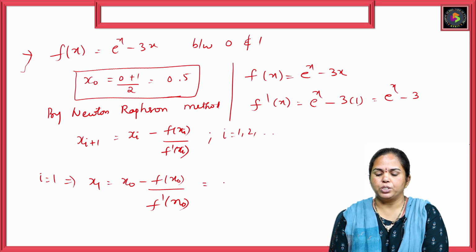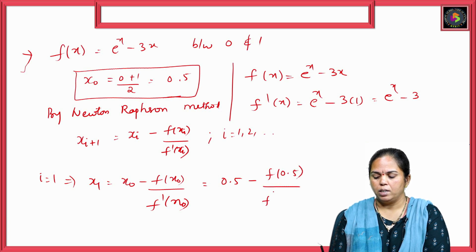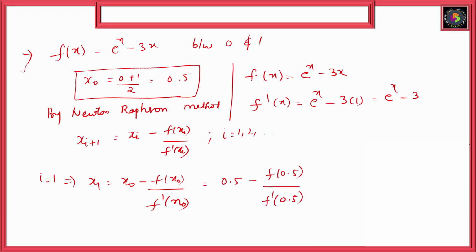So x0 is 0.5, minus f(0.5)/f'(0.5). If we solve this, we get the value 0.61006. Next, i = 2, x2 = x1 - f(x1)/f'(x1).